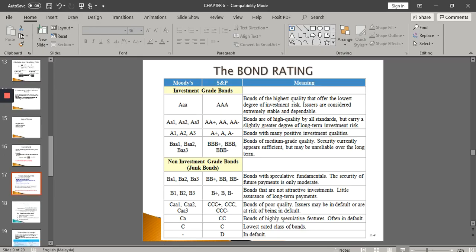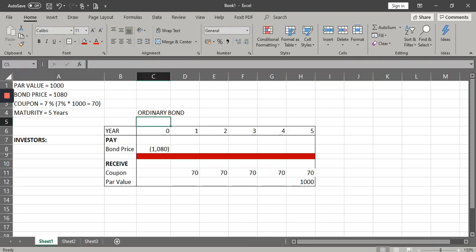You see, for example, with the example just now, if a bondholder paid 1,080 at the beginning, and he received all the 70s, and 1,000. Overall, what is the return he gets per annum is what we call yield to maturity.